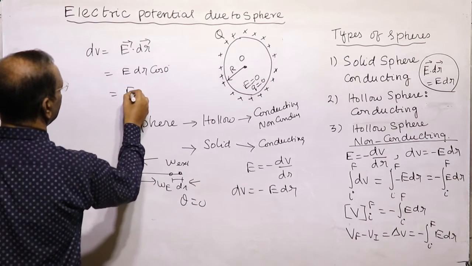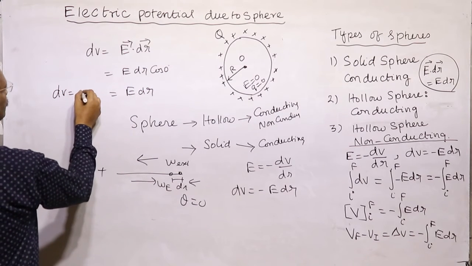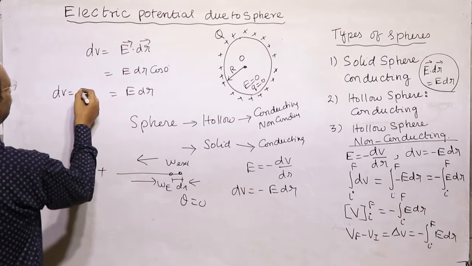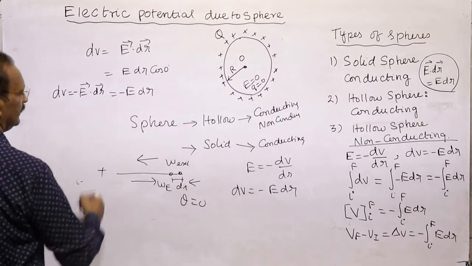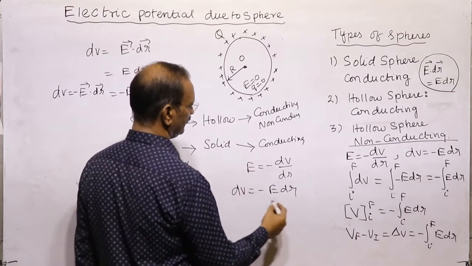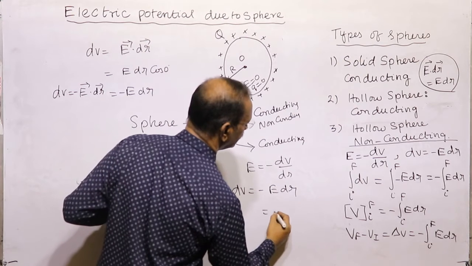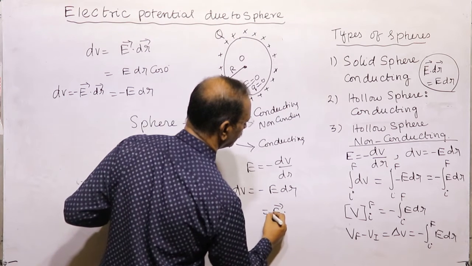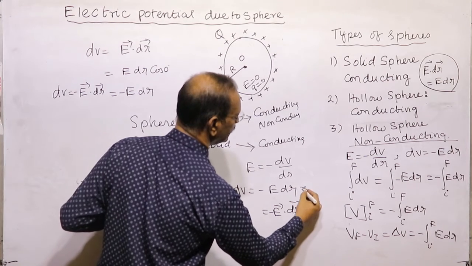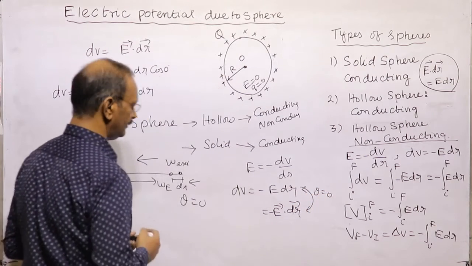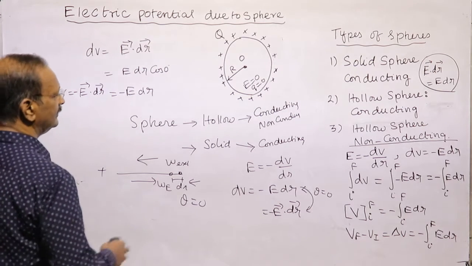Therefore we can write E into dr. Therefore dV is equal to minus E dot dr from this relation. Since theta is equal to 0, we can write it this way.